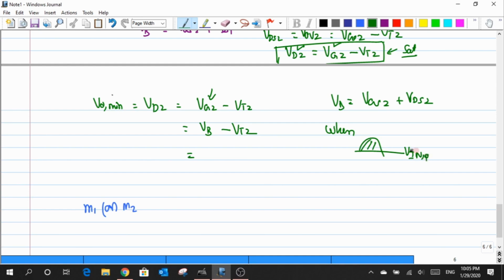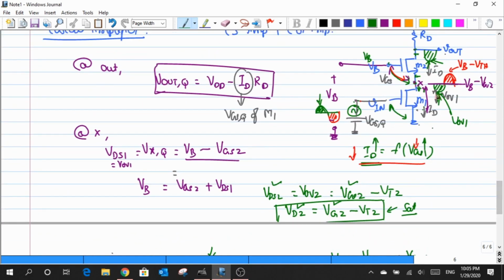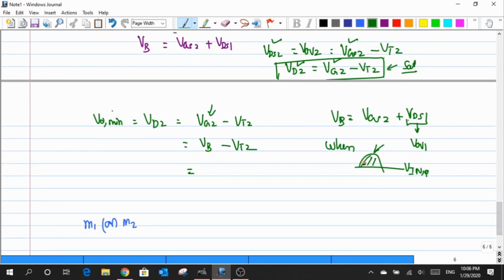Right at this particular point, my VDS1, sorry for that, I have to have a VDS1 with a bare minimum voltage which is supposed to be equal to VOV1. Am I right? The minimum value that I have to still support when there is a positive peak across the drain to source of M1 is basically VOV1, and that is what I have plugged in when I'm talking about the positive swing across my input.